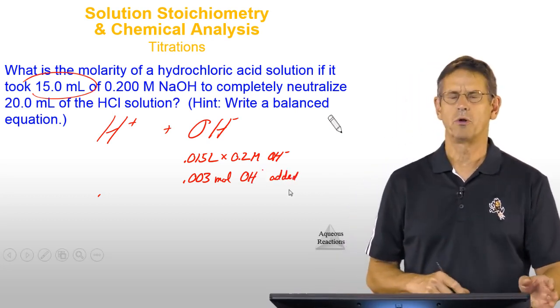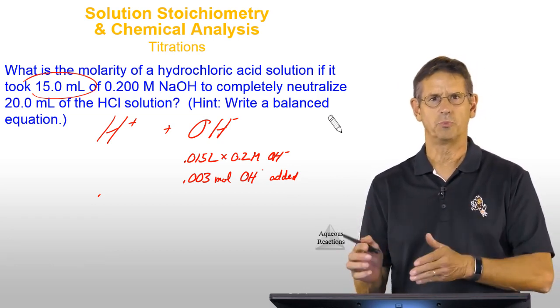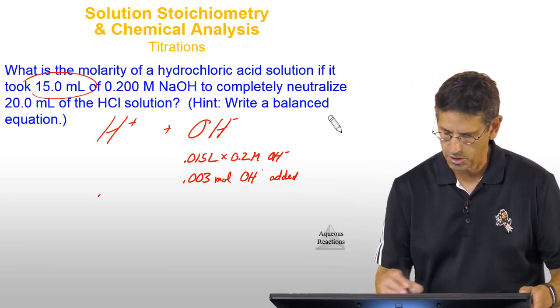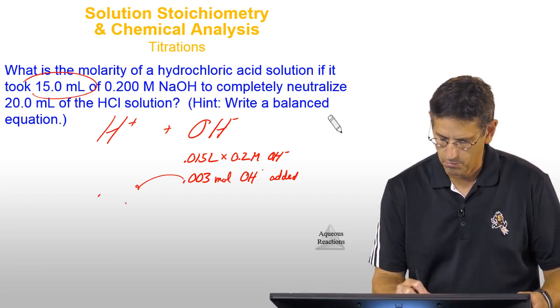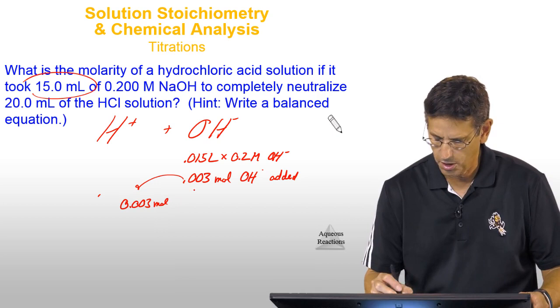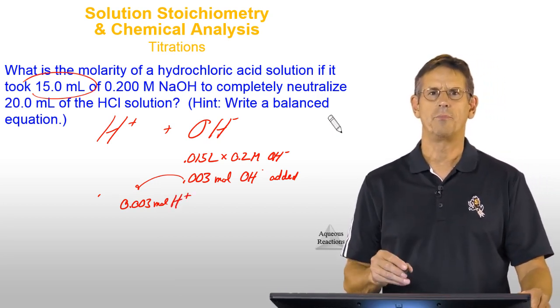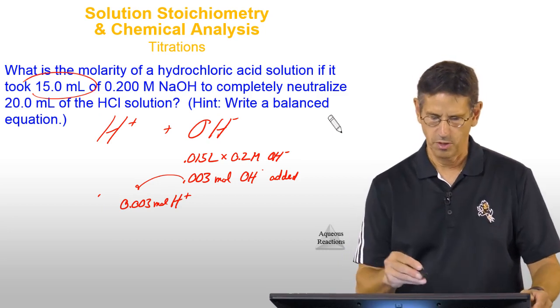So what do we say about the equivalence point? We said that the moles of OH- equal the moles of H+. So all we've got to do is take 0.003 moles of H+, but we now divide that by the original volume. What was that?